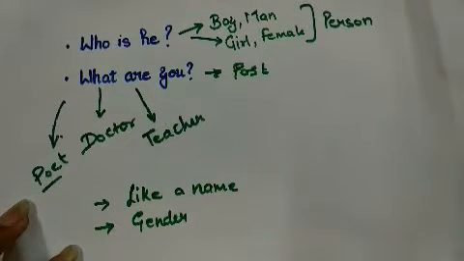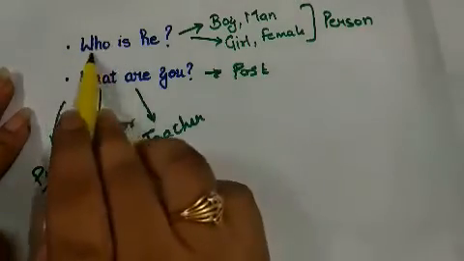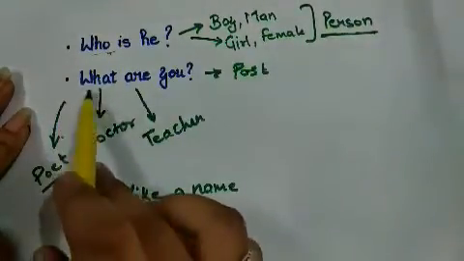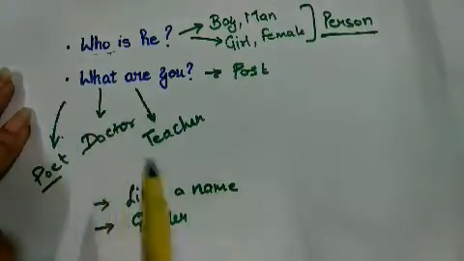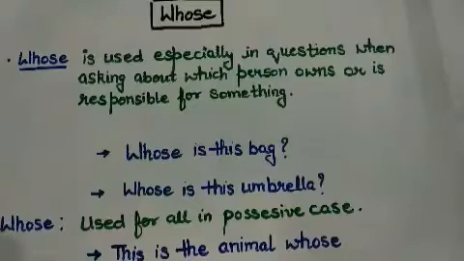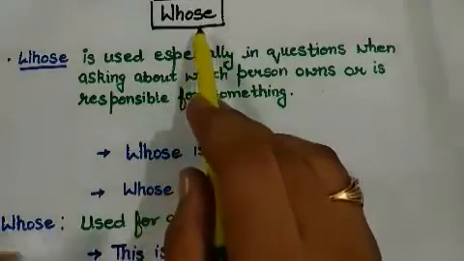What is he? He is an engineer or a doctor. I think it is clear now that we use who with a person and what with the post or designation. Now the next one is whose.